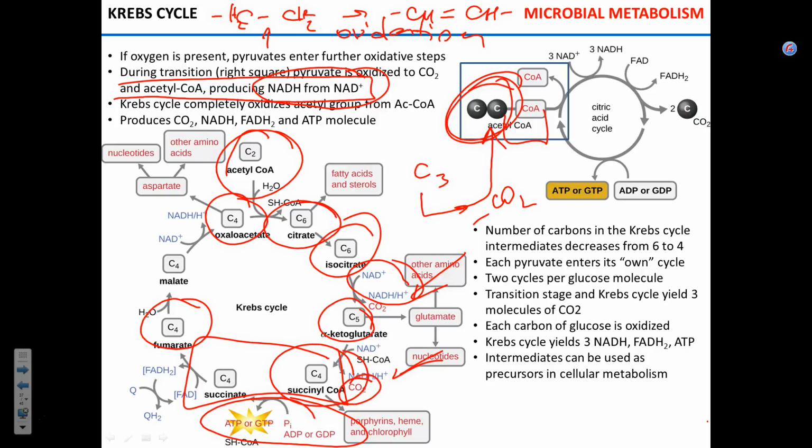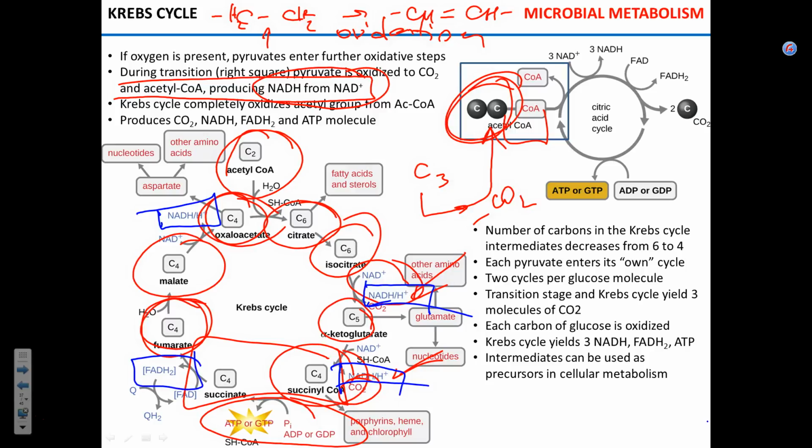Okay, so then you have several steps where succinate is oxidized to fumarate, fumarate to malate, malate to oxaloacetate. The number of carbons doesn't change, but electrons are taken away from the molecule. So let's trace how many NADH. Here, here, here, and there's FADH2.